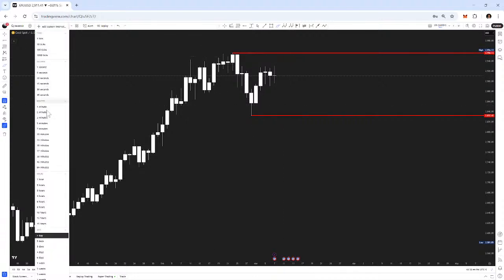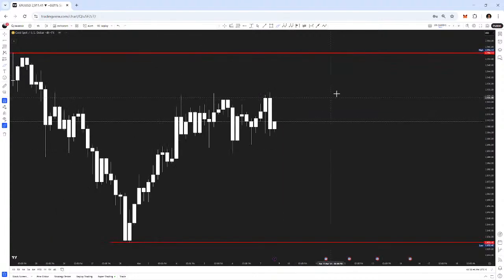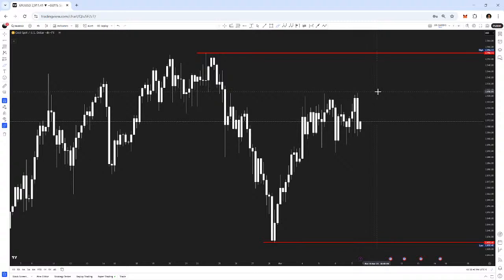Now, if we go to the 4-hour chart again, it's quite interesting that we have these two very, very important zones. These highs right here, and of course, the lows. This is the box. I like to call this price trapped in a box, because if you see all these weak highs, what this tells me is that there's a ton of selling pressure here, right?